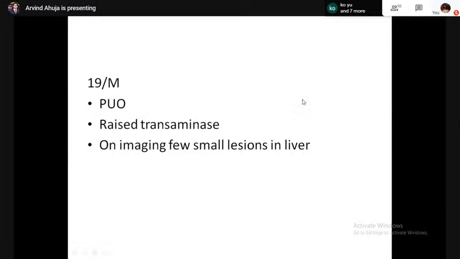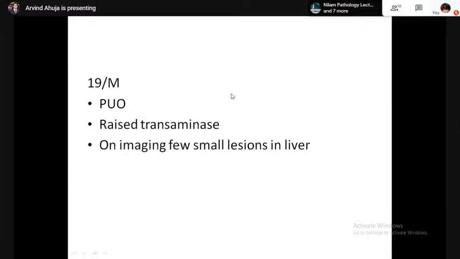Patient was having a low-grade fever since 3 months and was not responding to any of the antibiotics, and on blood examination the transaminases were raised, and on imaging they found few small lesions in the liver. So they were suspecting probably it is a lymphoma or tuberculosis, or there were other differential diagnoses also.